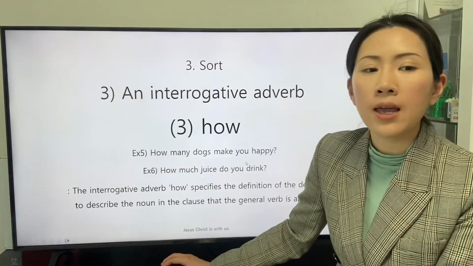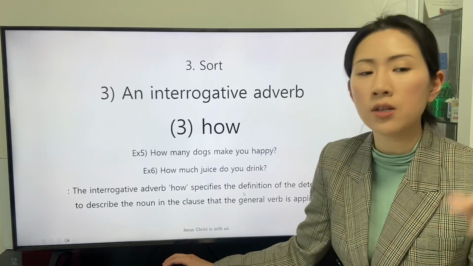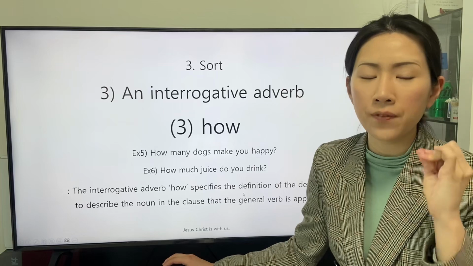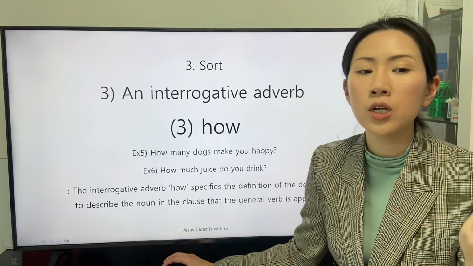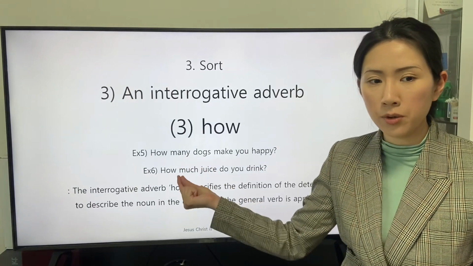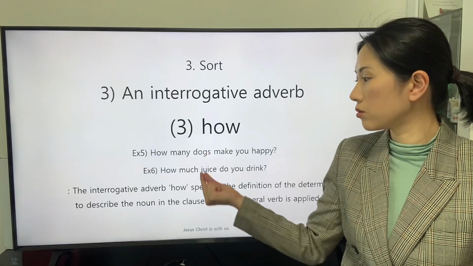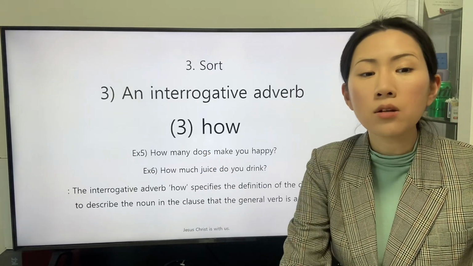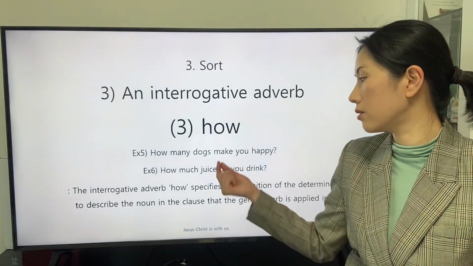The fifth and sixth clauses are introduced because the interrogative adverb how specifies the definition of the determiner many or much to describe the noun in the clause that the general verb is applied in.